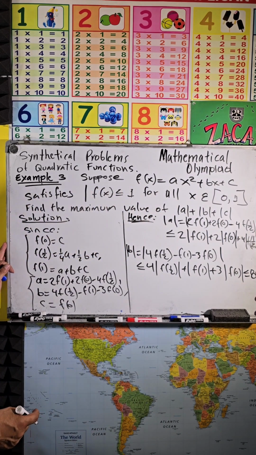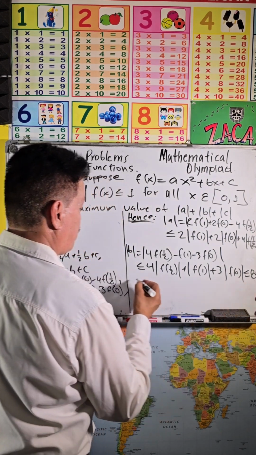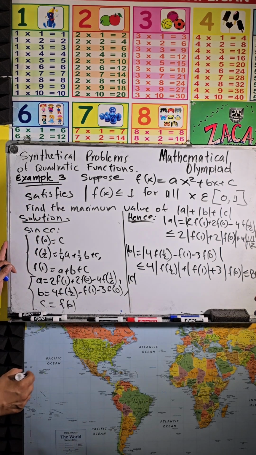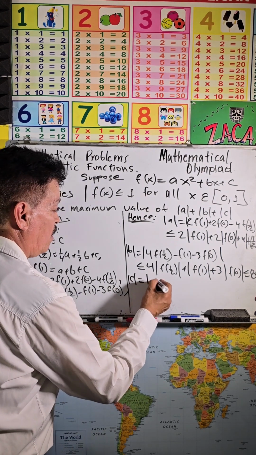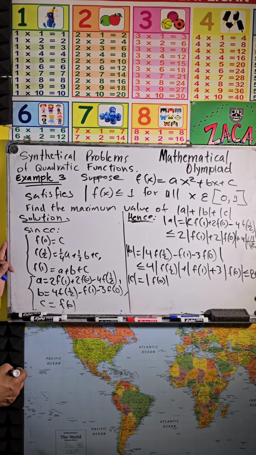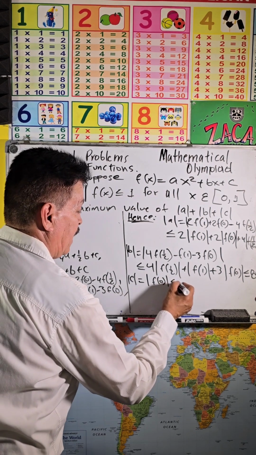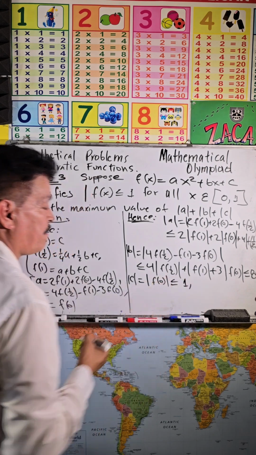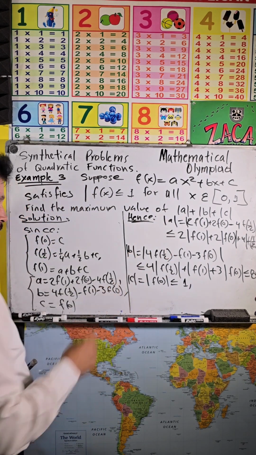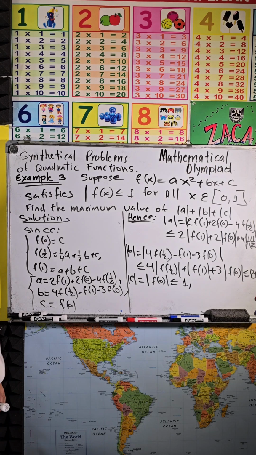That's b. So now c, we have the absolute value of f of 0, less than or equal to 1. That's c.